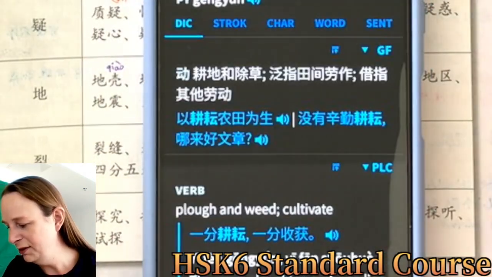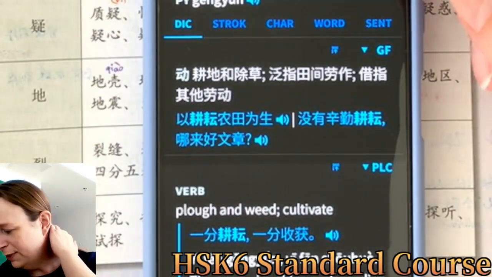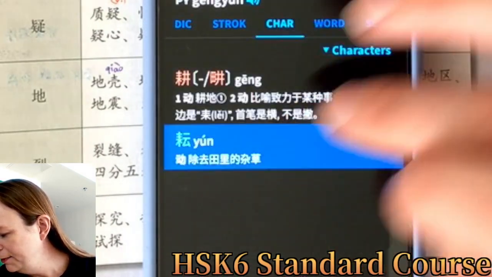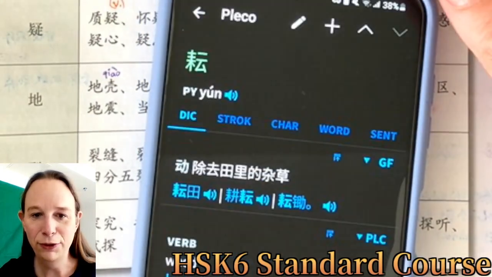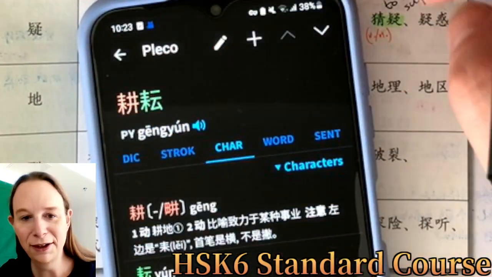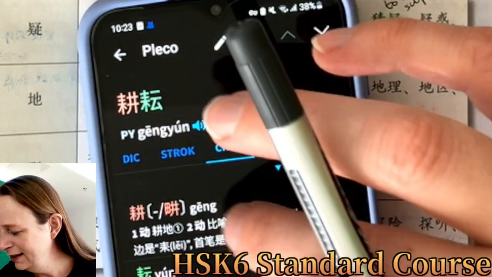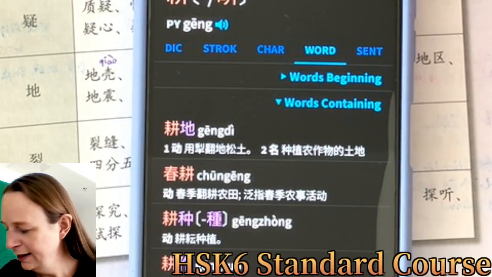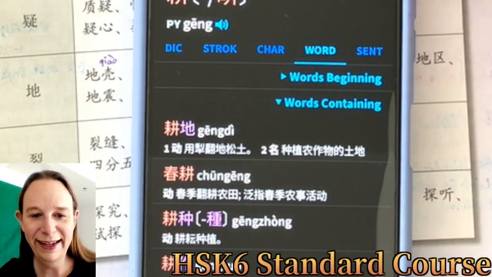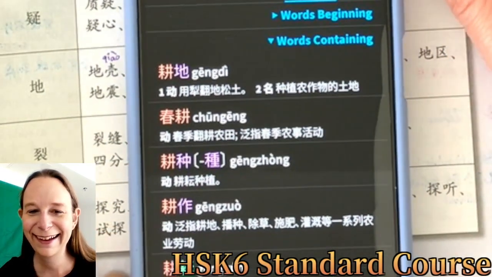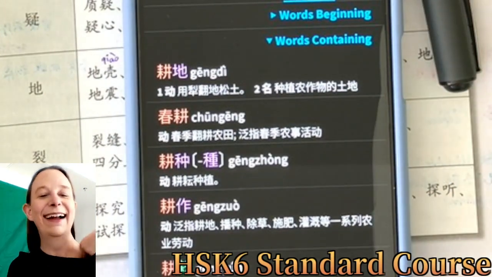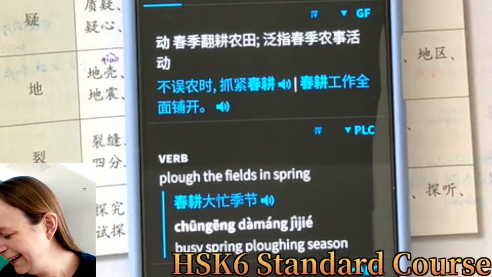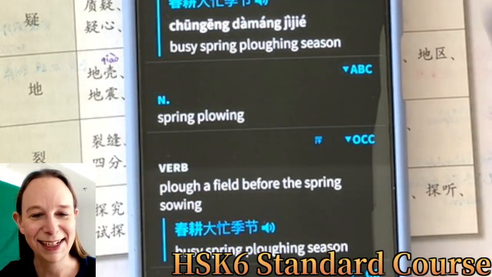Oh, 耘 is weed, so 耕耘 is plow and weed. 耕地, to plow the land. 春耕, presumably spring plowing. In English we have spring cleaning, right? So this is like spring plowing. Wow, they actually use that as a translation, spring plowing.